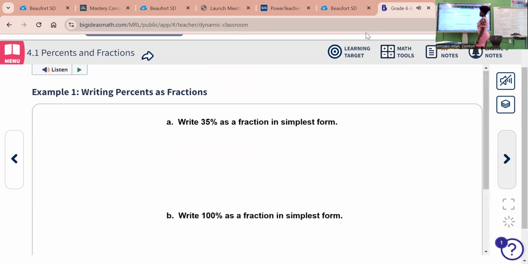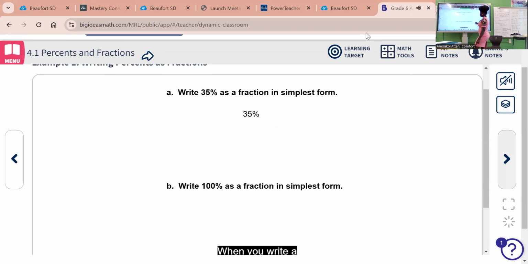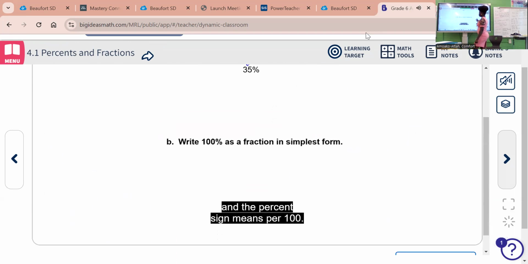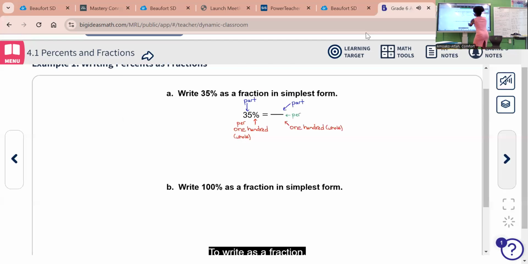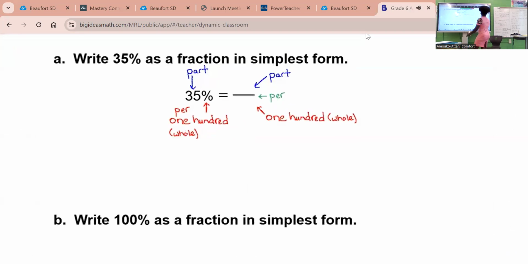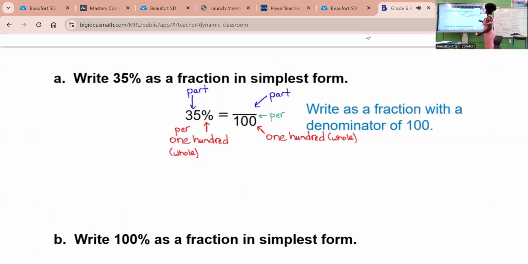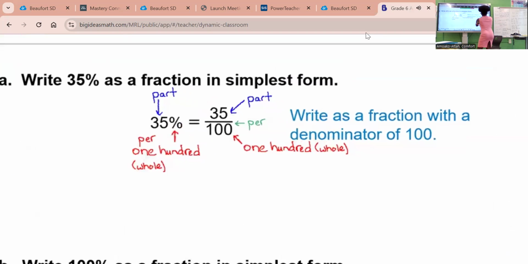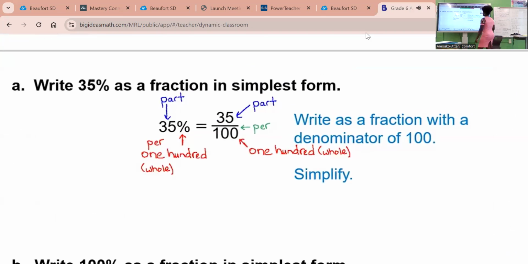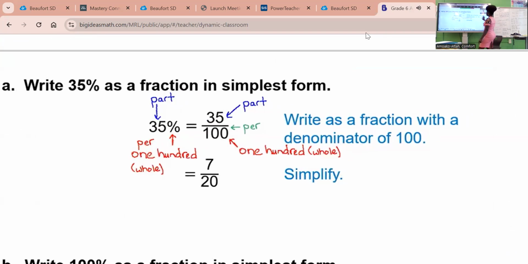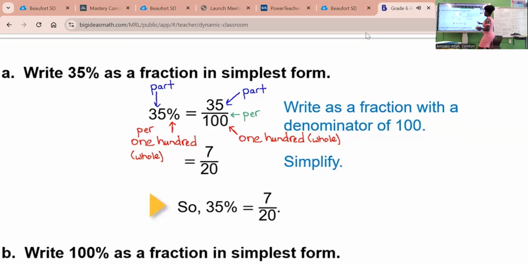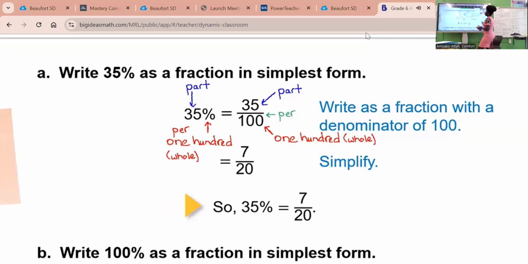I don't think I have been here. There's a model representation.